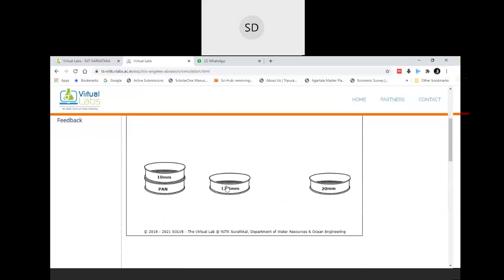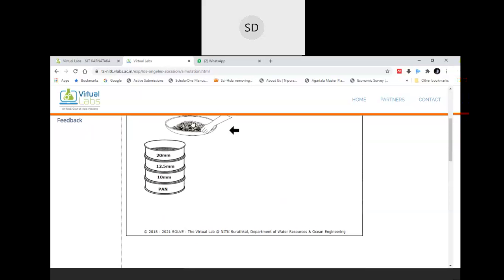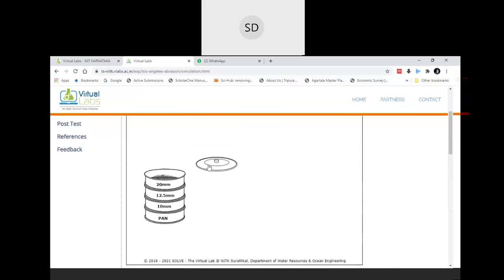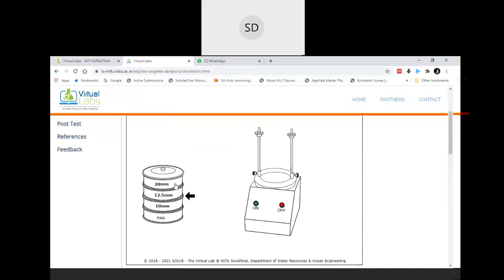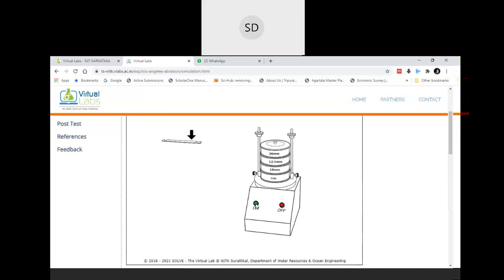So first 10, then 12.5, then 20 IS sieve, then place your aggregate over there, close the lid. You have to fix this, clamp this, and your sieving procedure is conducted.